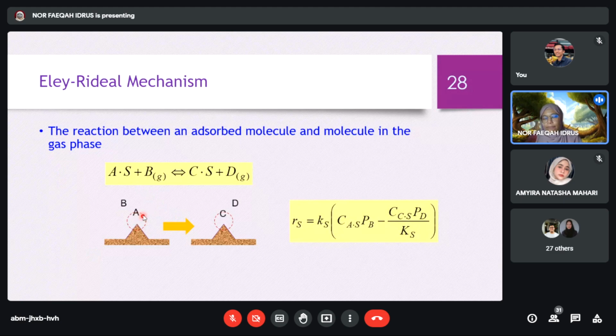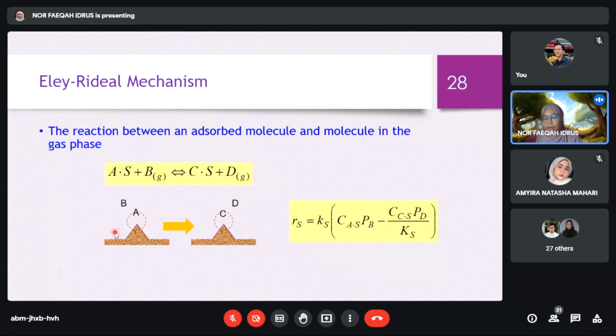Okay, B only is involved during the surface reaction. So this is the surface reaction, how the surface reaction occurs. So A adsorbs on the active site as A dot S, and then during the surface reaction, it will react with gas B to produce the product C that adsorbs on the active site and another side product ataupun side product D.